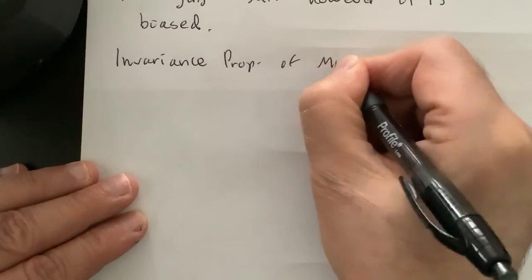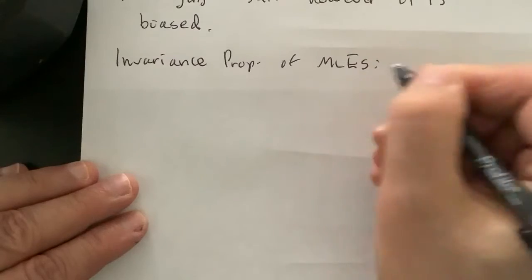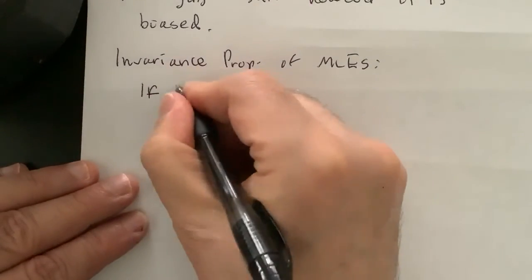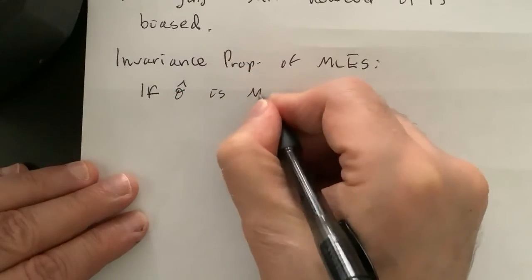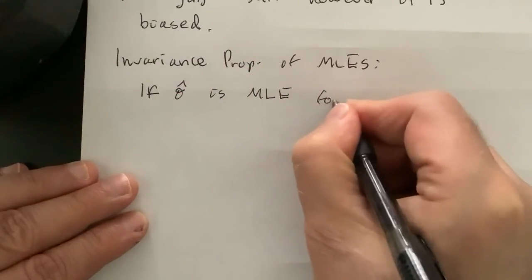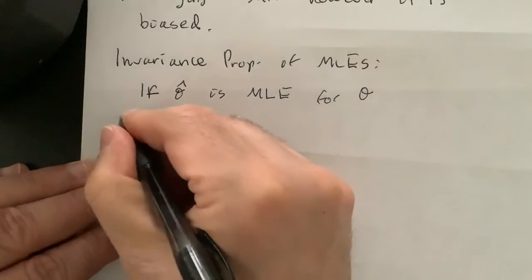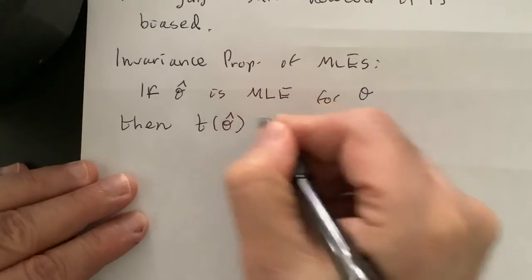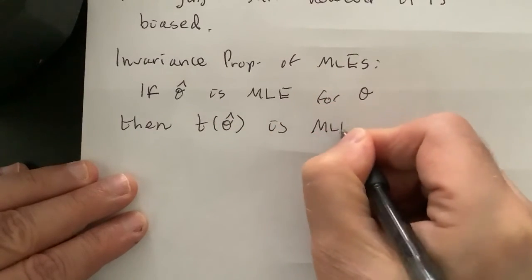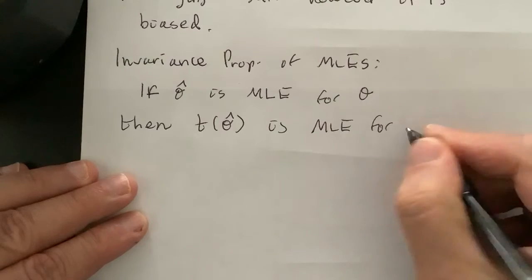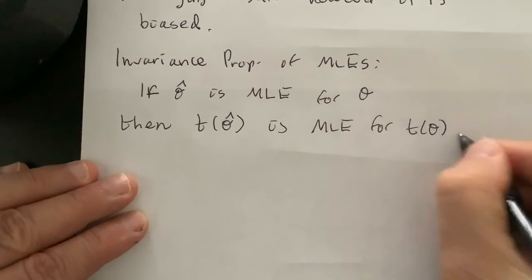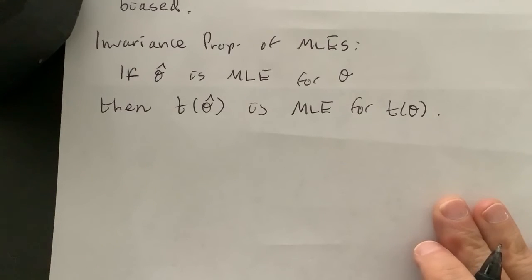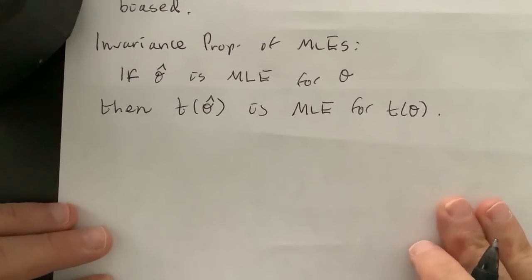If theta hat is the MLE for theta, then t(theta hat) is the MLE for t(theta). So I can use an MLE to estimate any function of theta. This is very useful.